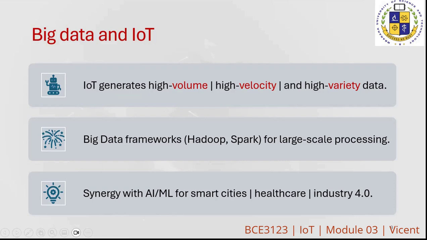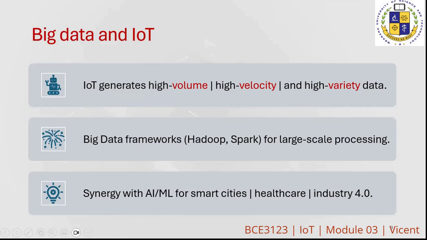Okay? And there are big data frameworks that you can subscribe to, because some of you might be wondering, how do I develop an application that uses big data? There are platforms and frameworks already developed for big data. What you need is to design your application and then connect to these frameworks and use them.